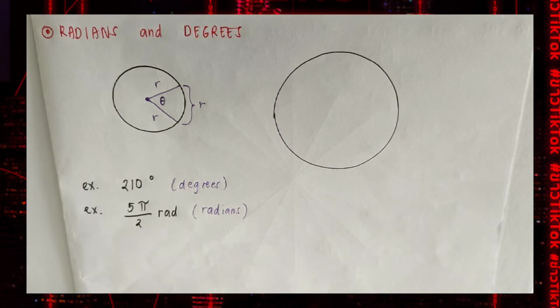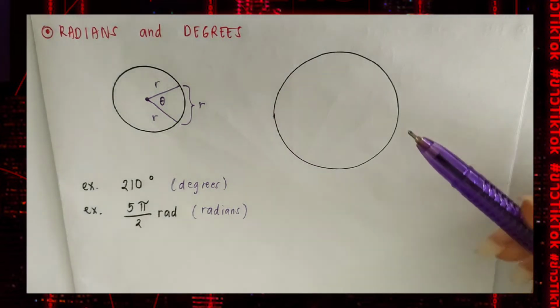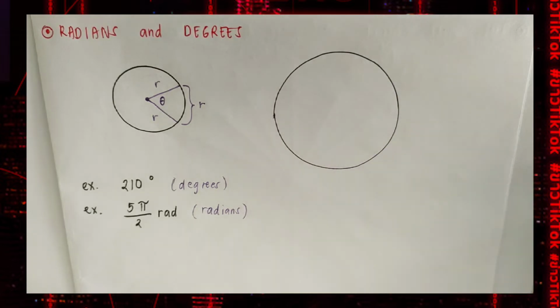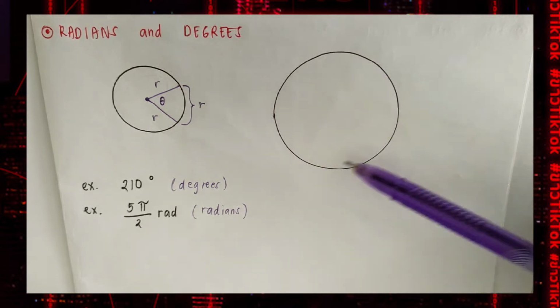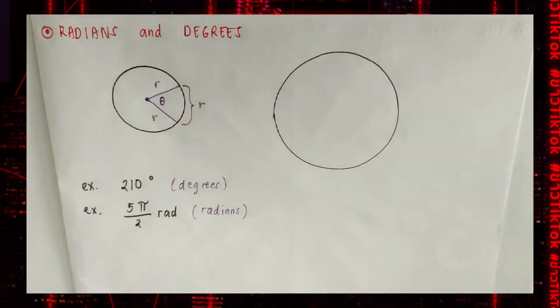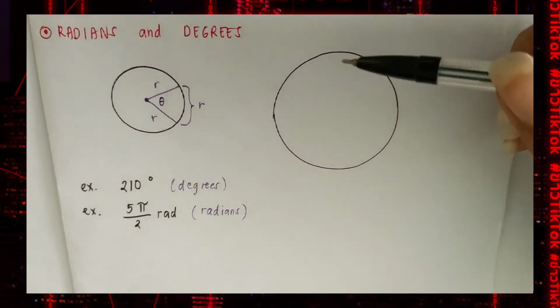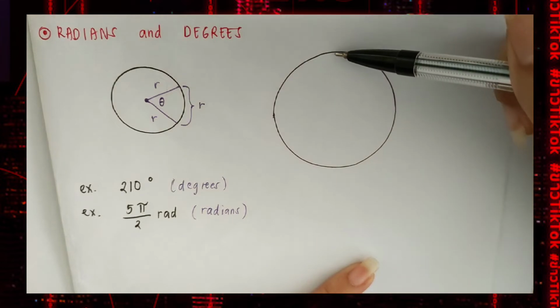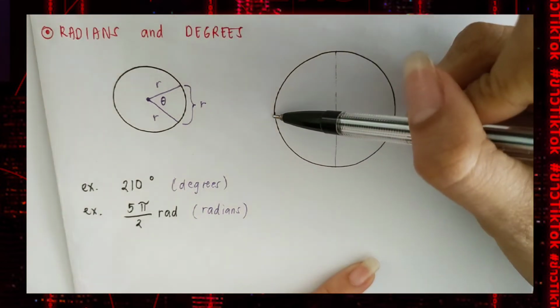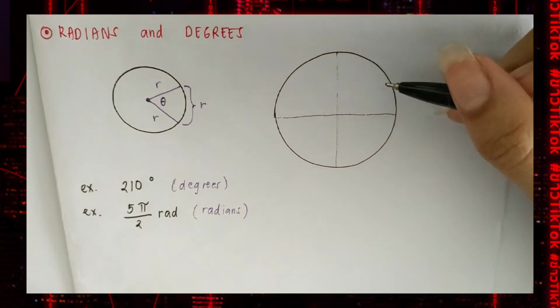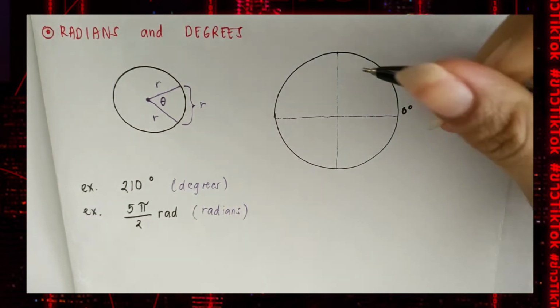Now let me show you radians and degrees on a circle. Say you have a circle, and you surely know that one full circle is 360 degrees. If you still remember the unit circle that I have told you before, this is just a recapitulation of that. We divide it into 4 quarters. This is 0 degrees.